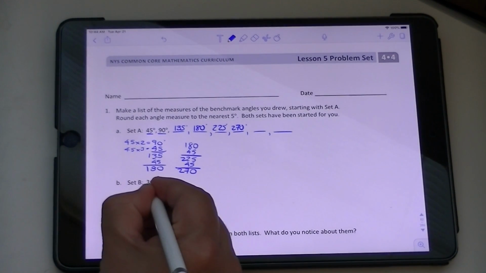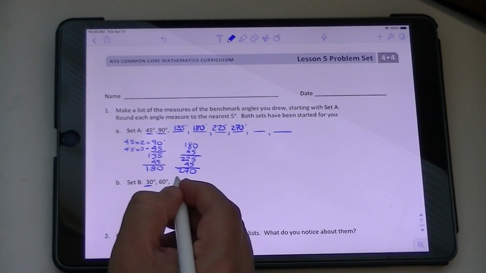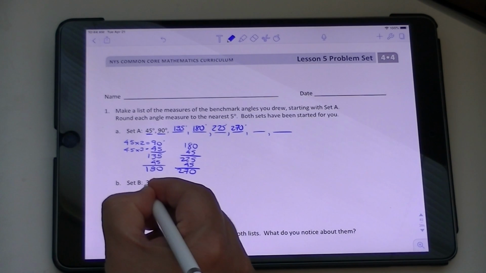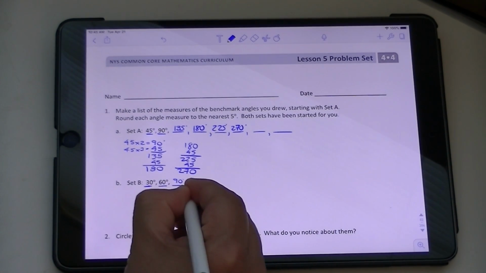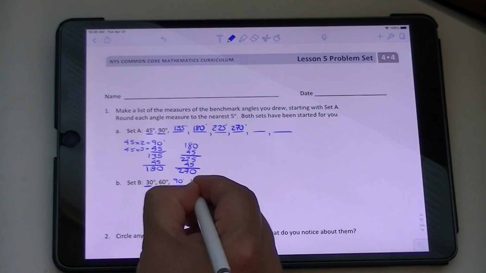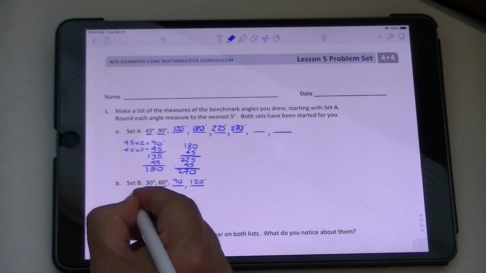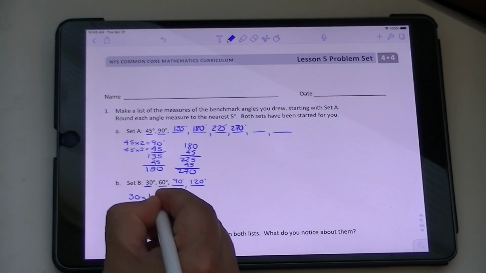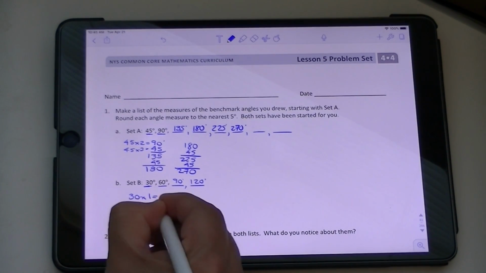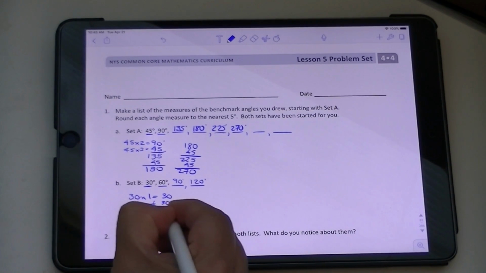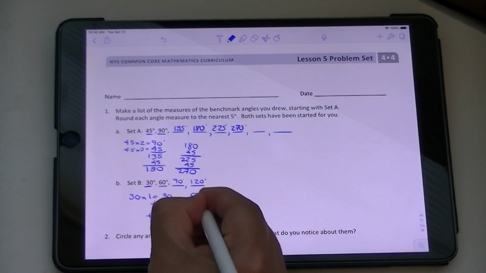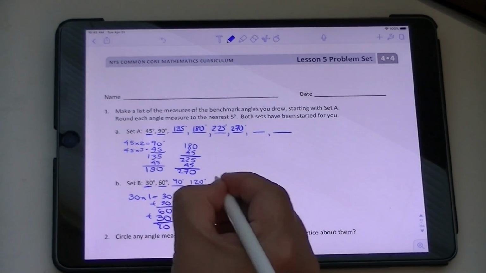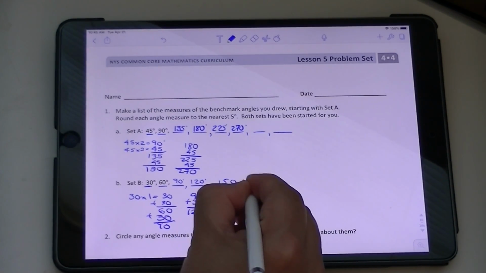For the set B, you're going to do every 30s, okay? So if you do every 30 degrees, 30 will be the first one, 60, then it will be 90, then 120. So what you're doing is 30 times 1 is 30, plus 30 is 60, plus 30 is 90, 90 plus 30 is 120, and so on. 150, 180.